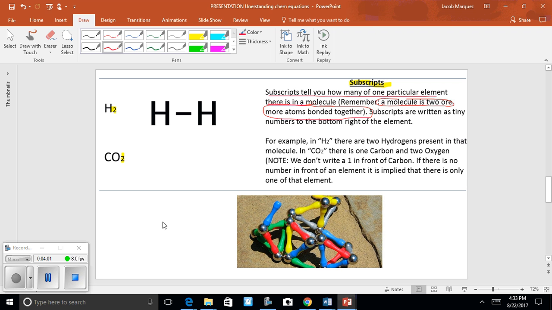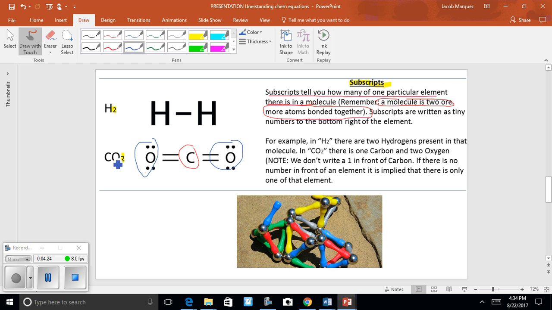There's 1 atom of carbon in there. So if we were to look at the way the molecule looks, here's your 1 carbon, and then you have your 2 oxygens right here. So remember, the subscripts, these numbers on the bottom, sub means kind of bottom, that number tells you how much of each of these elements you have.